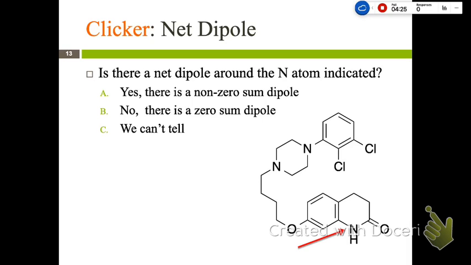The hydrogen's there, it's drawn. It's bonded to it. But we know that nitrogen has 3 bonds and a lone pair. So what's the molecular shape? If these steps are tripping you up, this is exactly what I'm going to be asking on the exam on Wednesday. It's trigonal pyramidal.